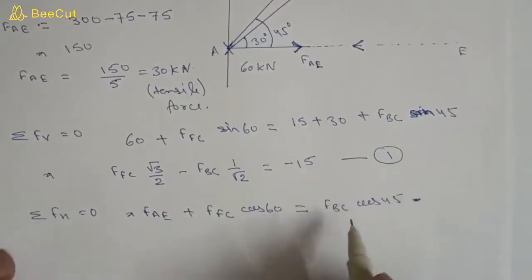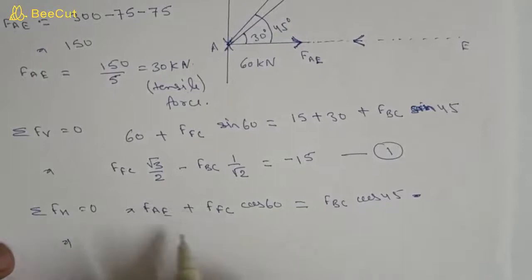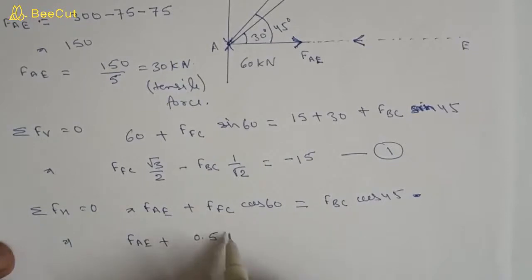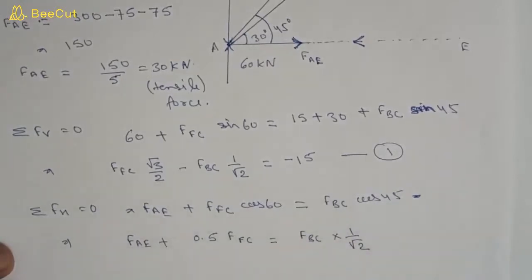These are the only horizontal forces in this truss. So we can write FAE plus cos 60, which is 1 by 2, so 0.5 FFC is equal to FBC into 1 by root 2, because cos 45 is 1 by root 2.